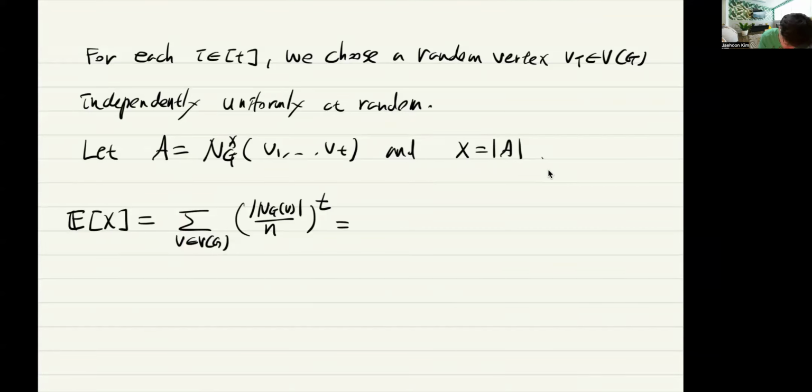And this is over all vertices. So this is like N to the negative T times the summation of the degree to the T.